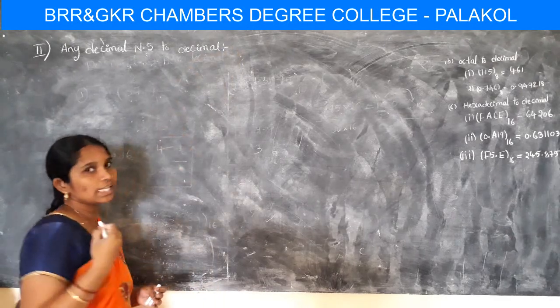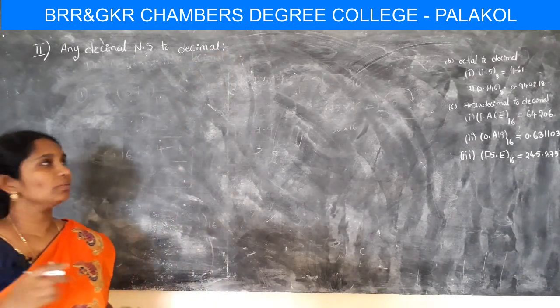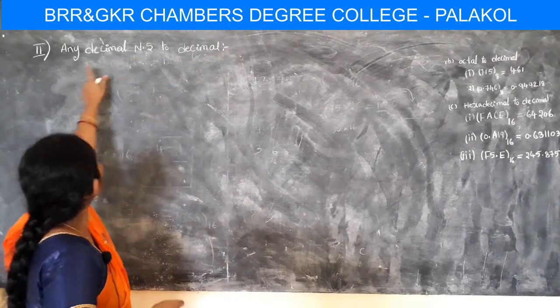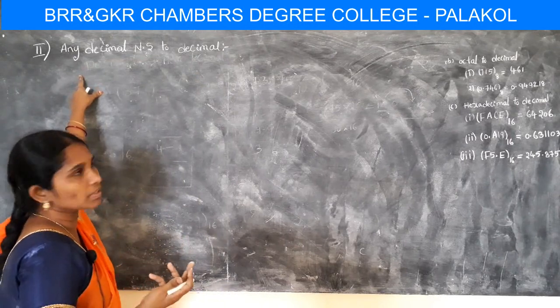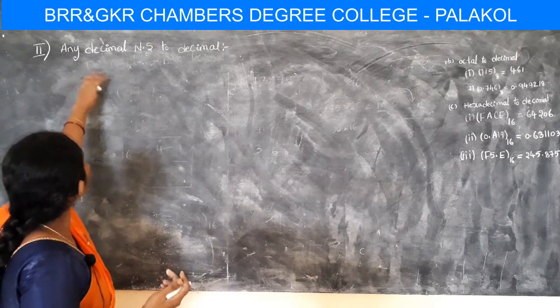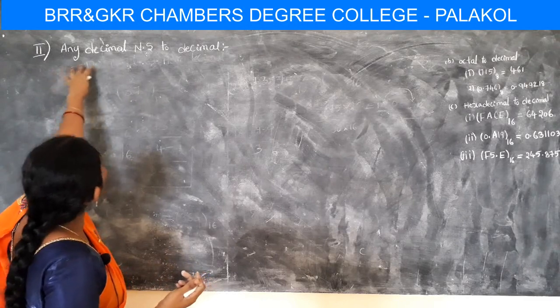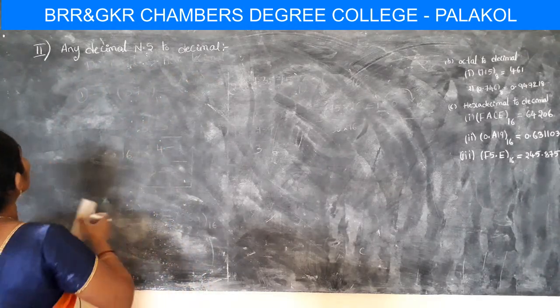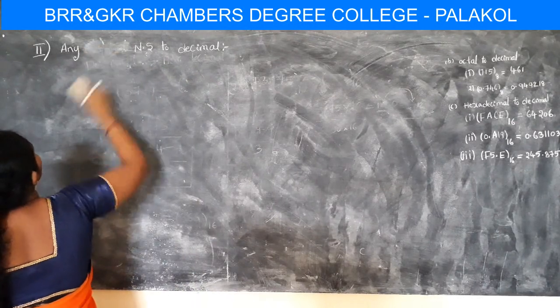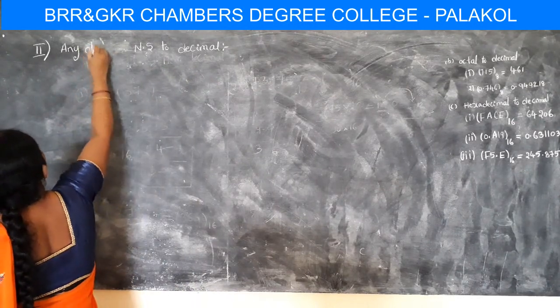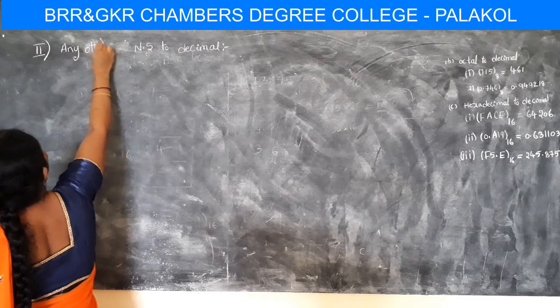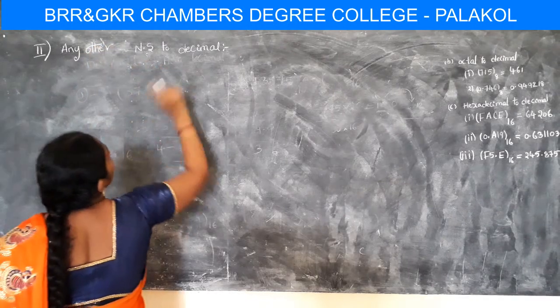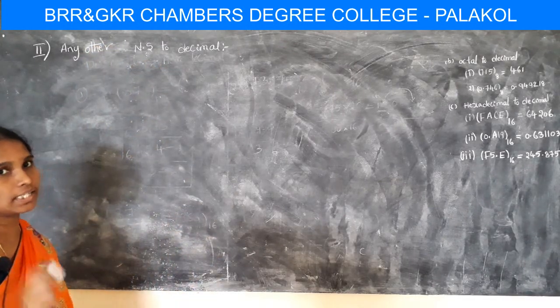Okay. So in the last session we discussed decimal to other number systems. Now we discuss any other number system to decimal. Any other number system to the decimal number system. Okay.